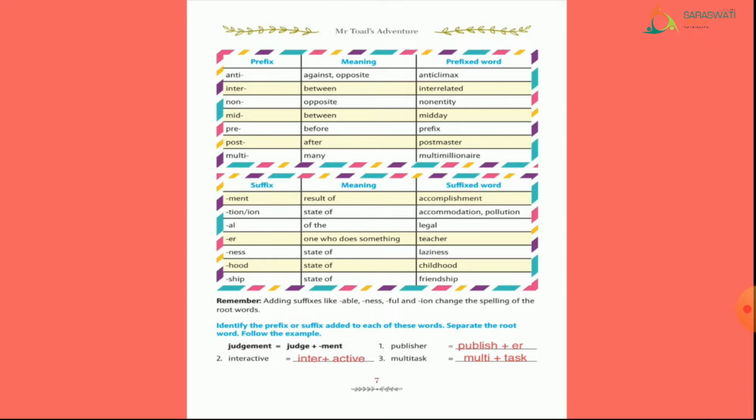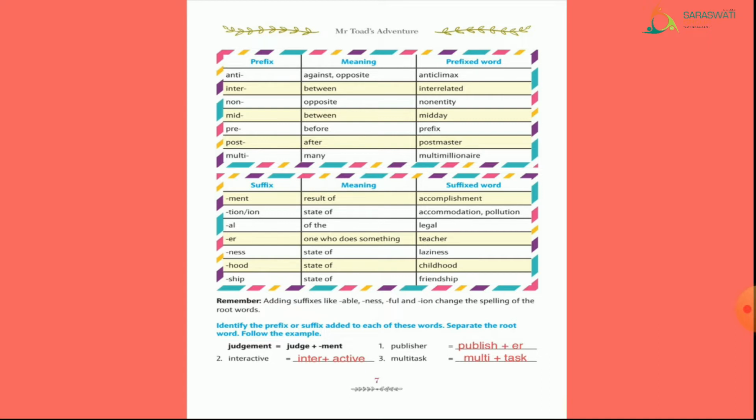Now the words matchless and artfulness are made by adding a suffix. Matchless has the suffix less, L-E-S-S at the end. And the word artfulness has the suffix ness, N-E-S-S at the end of the word.